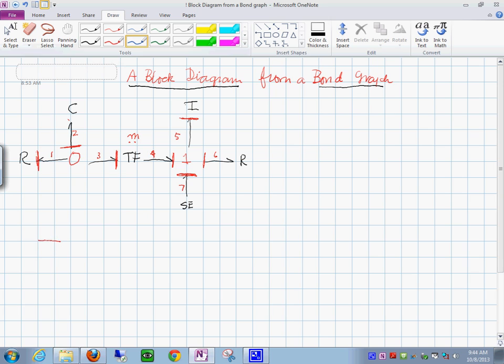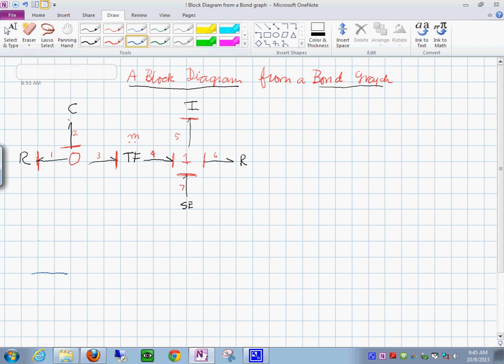Let's just use blue. Hold on for a second. I may need a little more space, so I'm going to start it farther down here. So we go on this one, and let's start over here.